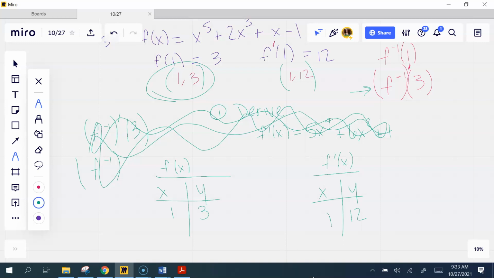Basically to the center of the top. What? Because the slope of these two is 12, is what you're saying.